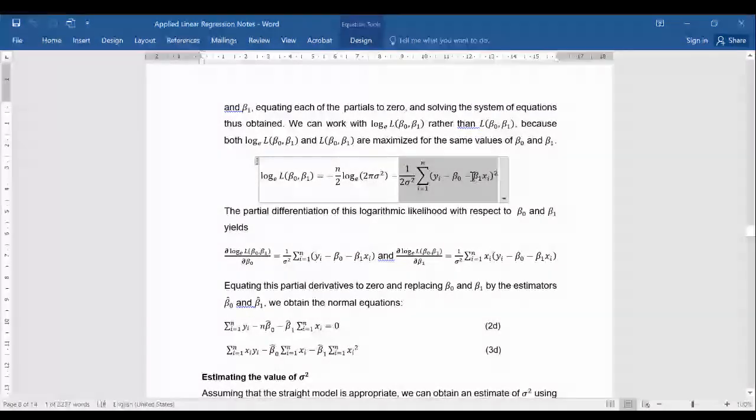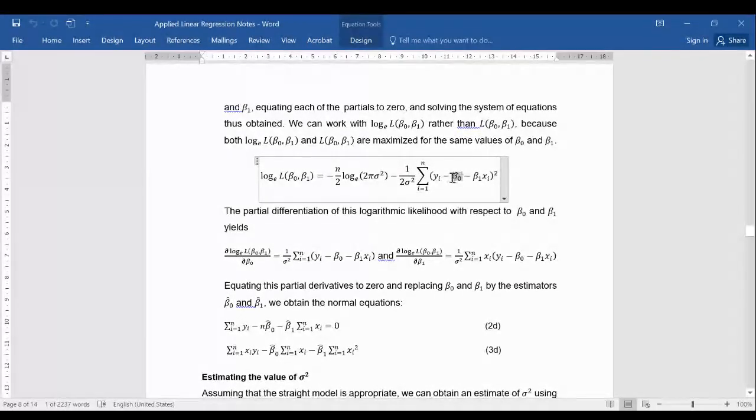Then we differentiate the exponent first, then we differentiate the inner function. Because there's minus 1 over 2 and there's this 2, the 2 cancels, and we'll be left with minus 1 over sigma squared.